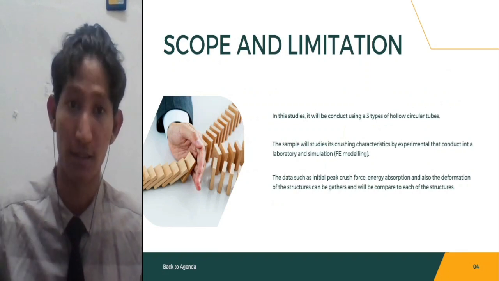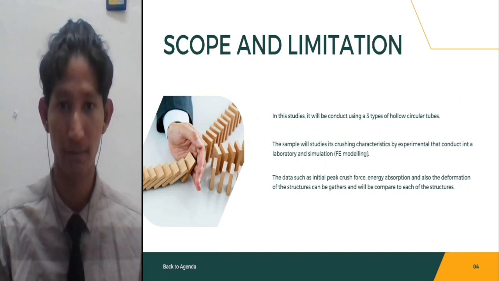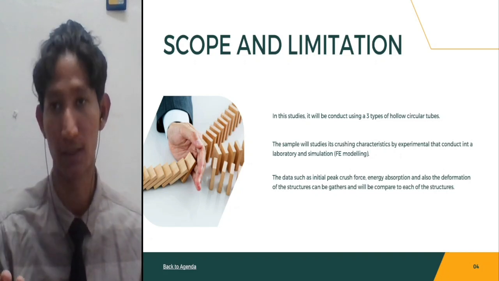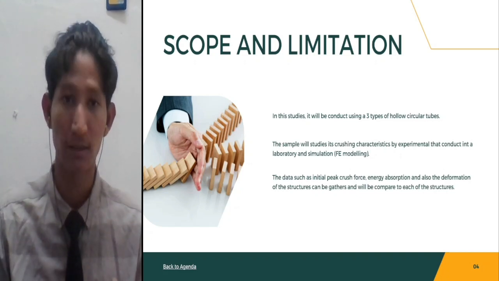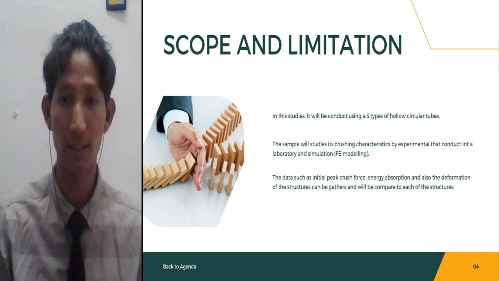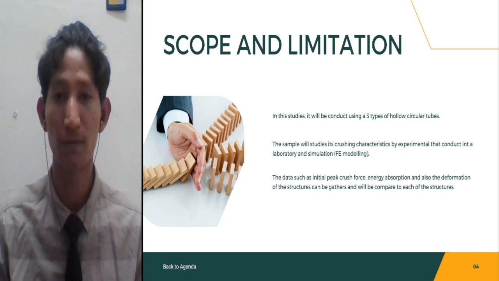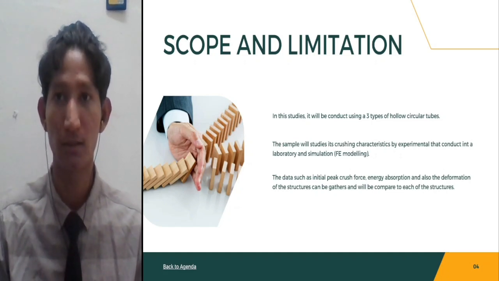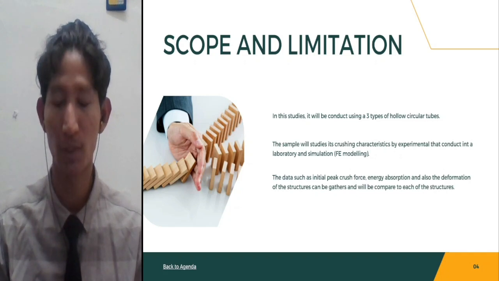Scope and limitation. In these studies, it will be conducted by using three types of samples. First, circular cross-section simple tubes. Second, circular tubes with circle window shape. And third is circular tubes with rectangular window shape.